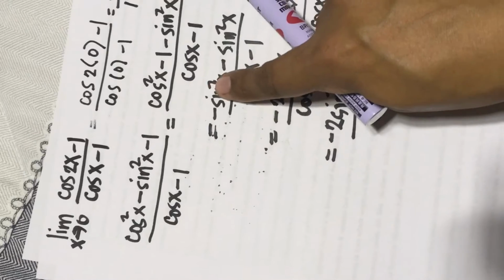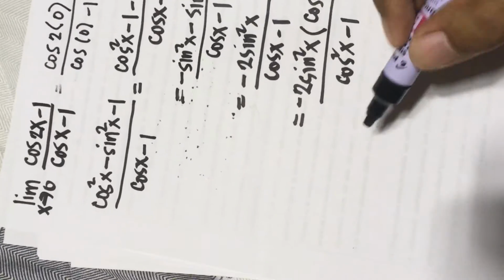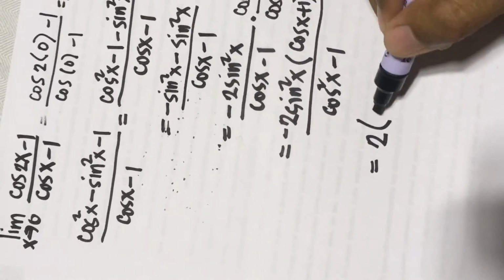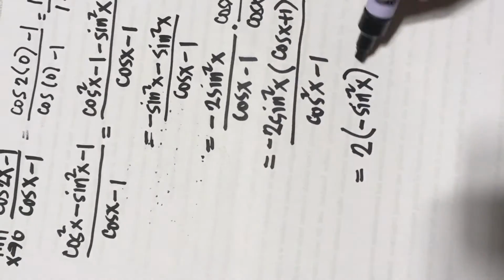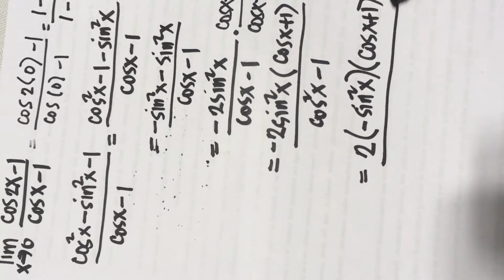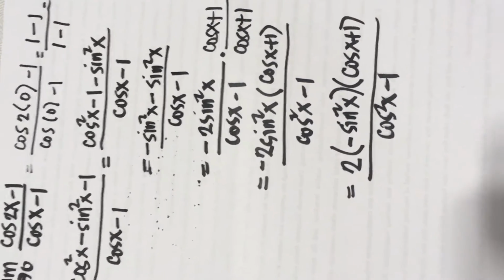Okay, or we can also rewrite this as 2 times negative sine squared x times cosine x plus 1 all over cosine squared x minus 1.